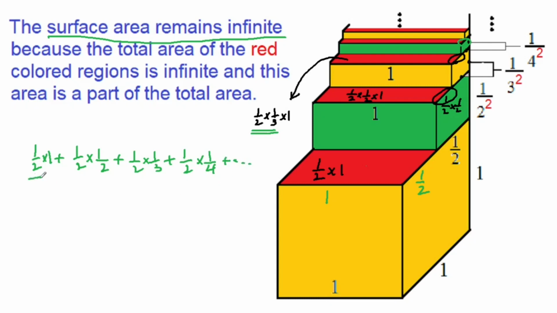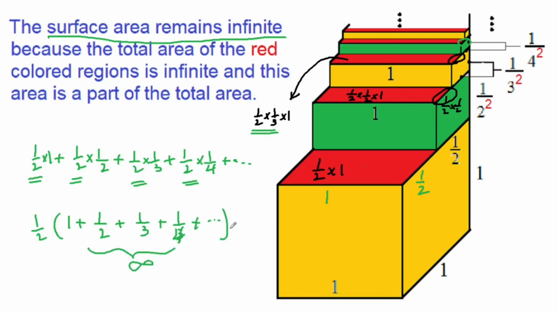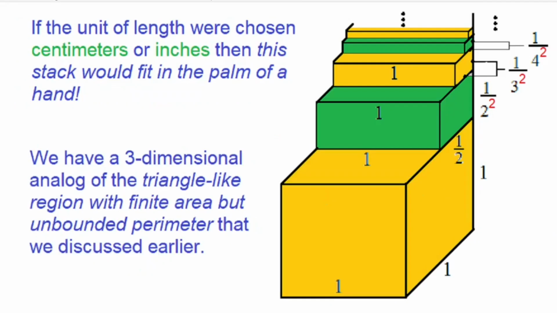You'll notice that if I pull out a 1/2, I get 1/2 times the harmonic series, which we know to diverge. Now, thinking of this as half of infinity, we should come up with infinity as the answer. And so we see that the surface area in this case is infinite.